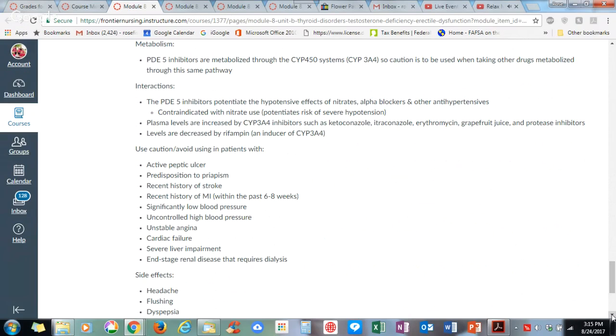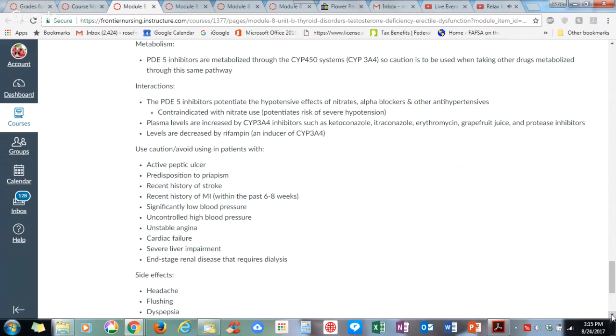They're contraindicated with nitrate use because they potentiate the risk of severe hypotension. Plasma levels are increased by CYP3A4 inhibitors such as ketoconazole, itraconazole, erythromycin, grapefruit juice, and protease inhibitors. Levels are decreased by rifampin, which is an inducer of CYP3A4.